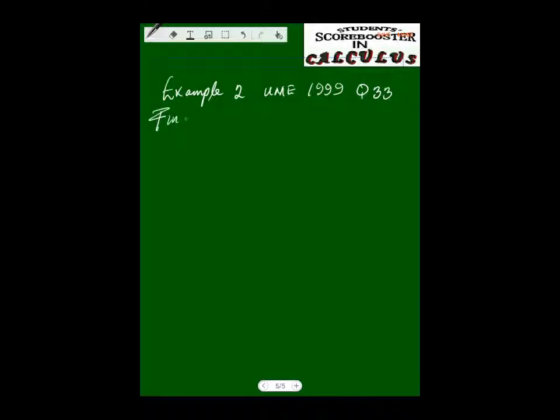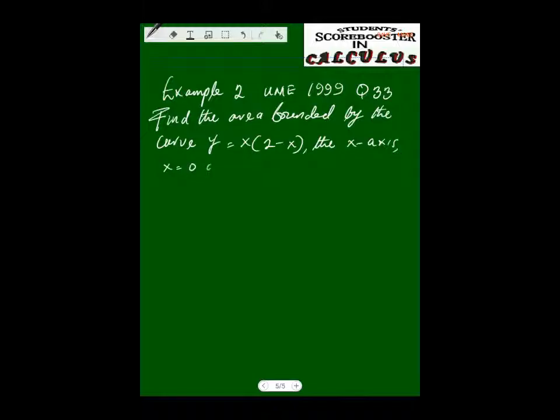Find the area bounded by the curve y is equal to x into 2 minus x, the x-axis, x is equal to 0 and x is equal to 2. Score Booster solution goes thus.